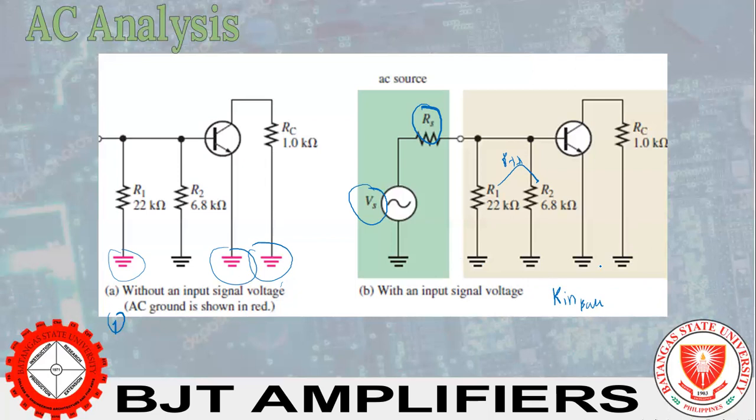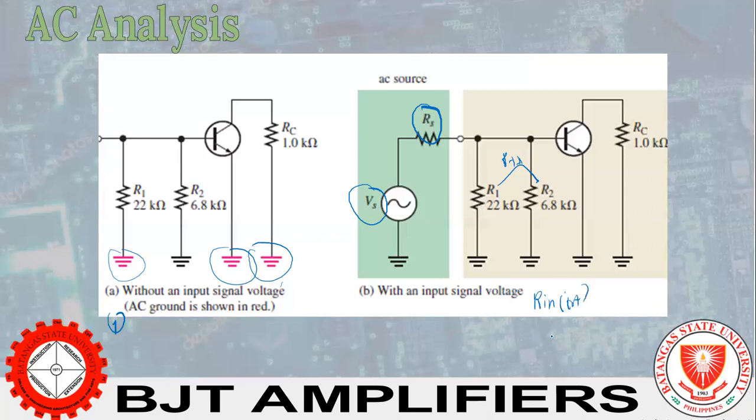Okay? So, yung R in base natin is may formula siya nung tayo ay nag-DC. So, yung AC input resistance, hindi pala ito yung R in base. R in total. So, R in total.